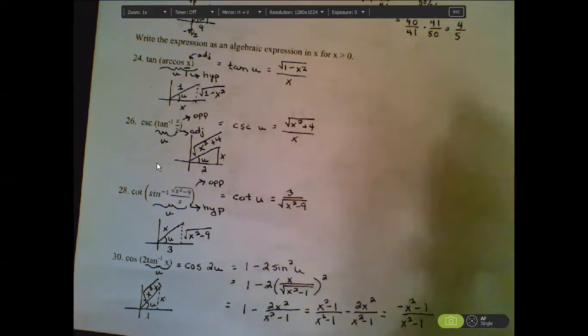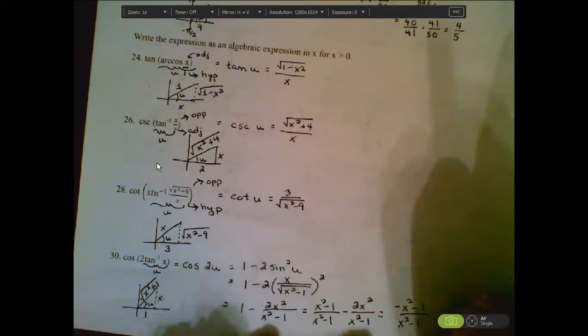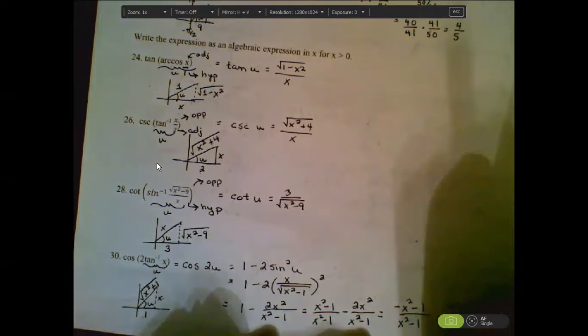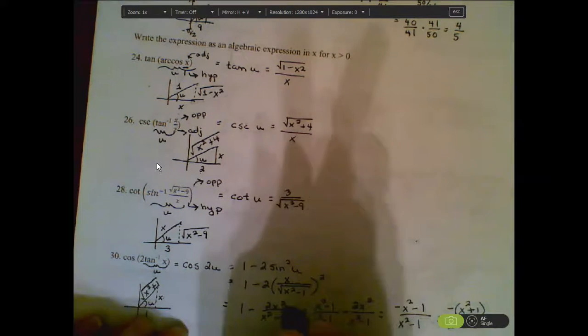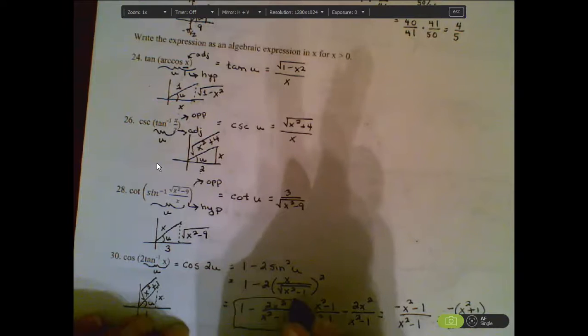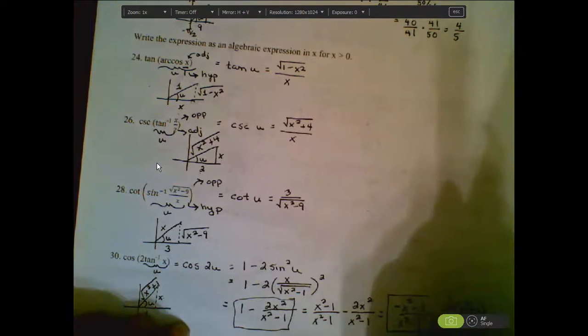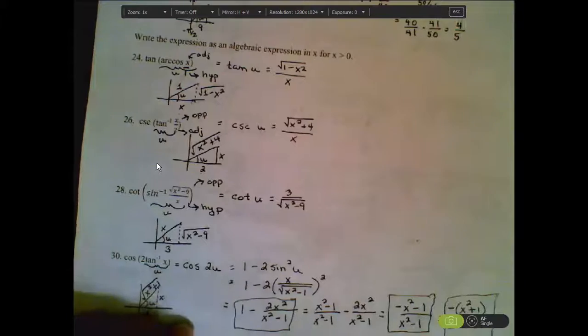The only other thing you could do to that is factor out a negative 1 and just have it out in front of parentheses or in front of the fractions or whole fraction. Either of these three answers would be fine because you've done all the hard work.